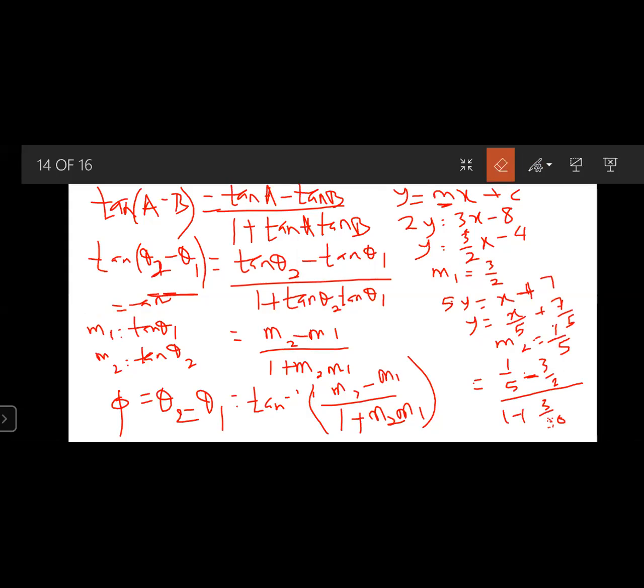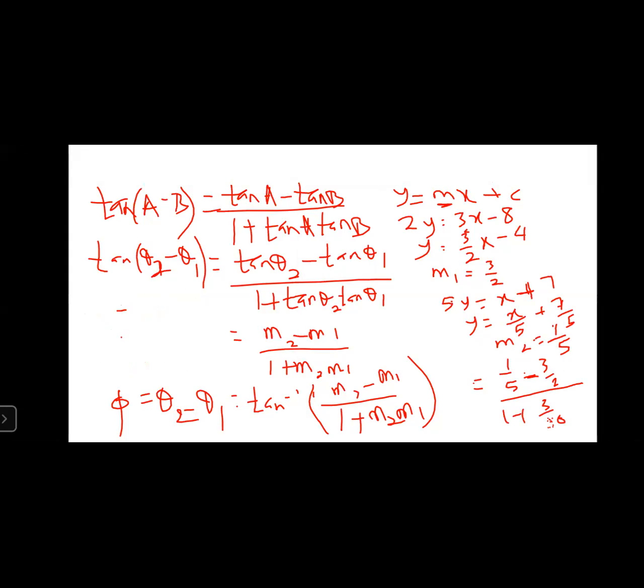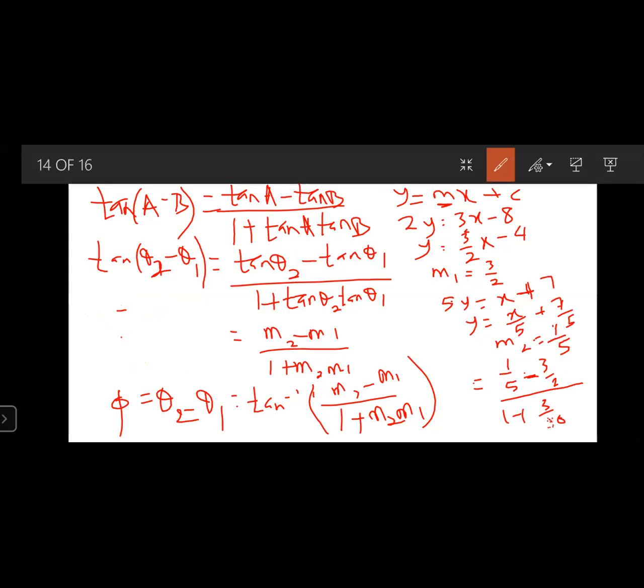I have minus 13 over 10 there. So it means I'm looking for arctan of what? I have minus 13 over 10 as numerator. Denominator, what do I have?